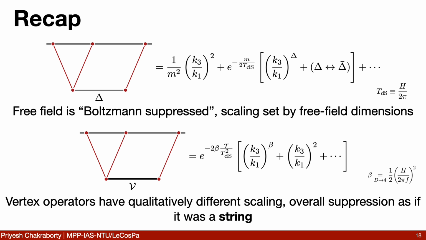So in this case, it's as if you're exchanging a string which has some effective tension set by beta times your UV string tension. So it's as if you're exchanging really an extended object rather than a point particle.